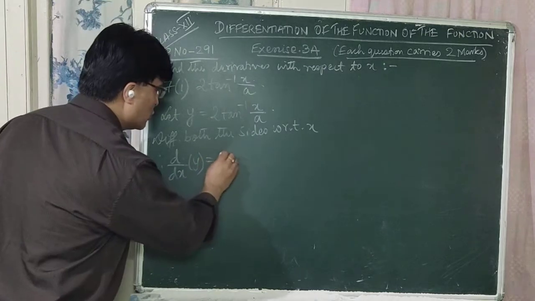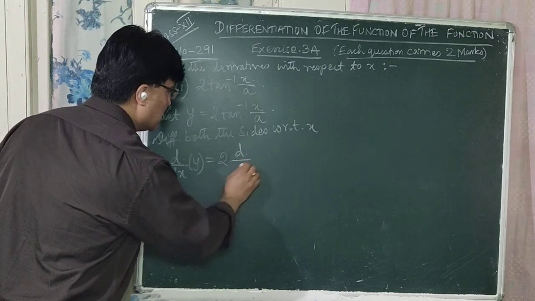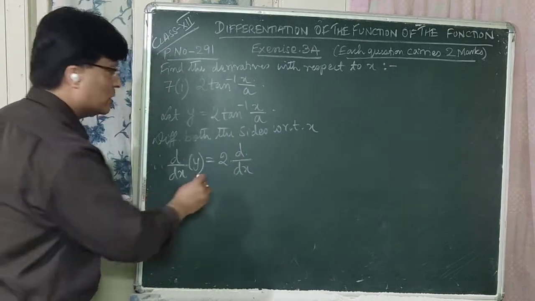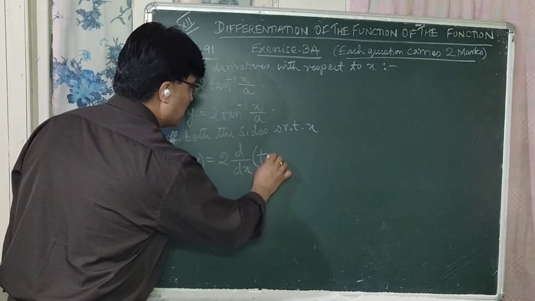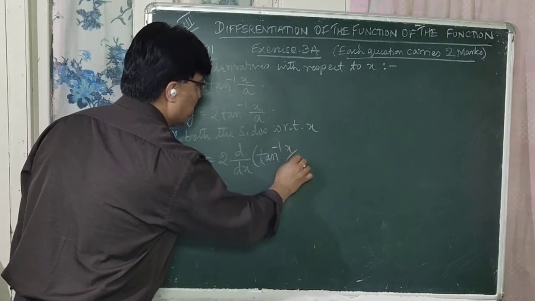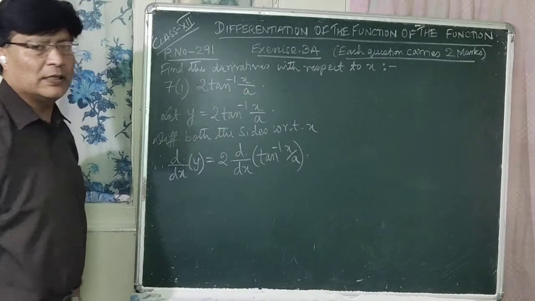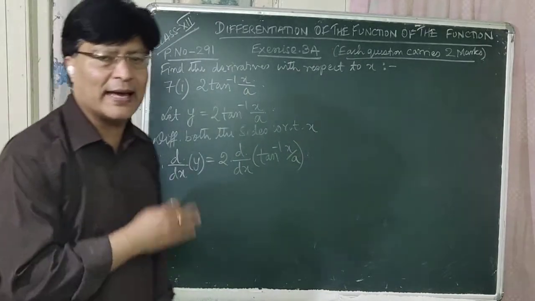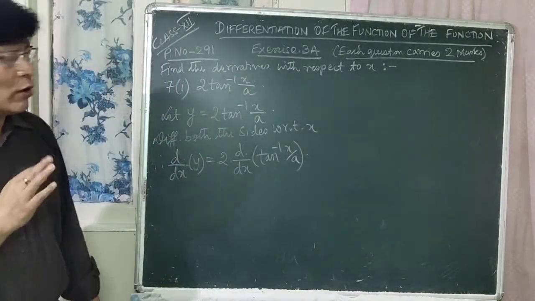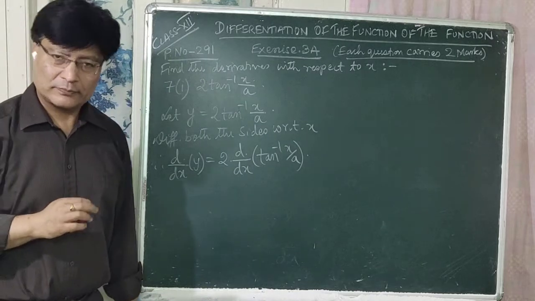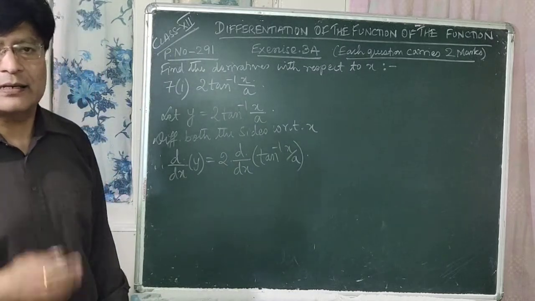here 2 is a constant, so 2 is taken outside d by dx, that is 2 into d by dx, and you have to differentiate the variable. Here the variables are y and x only, and all other terms other than x and a are constant.